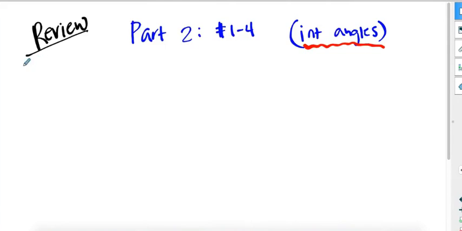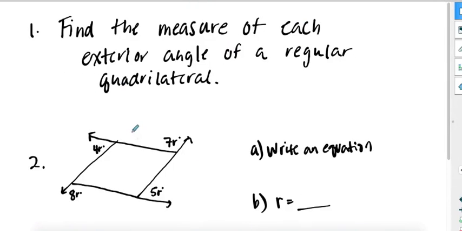Yeah, and then I'm going to pick different problems from your review packet, and then I'm going to point out similar problems. So now we're going to do some exterior angle problems, and I'll show you in your packet where those show up again to practice.